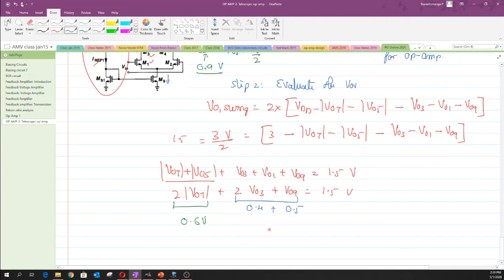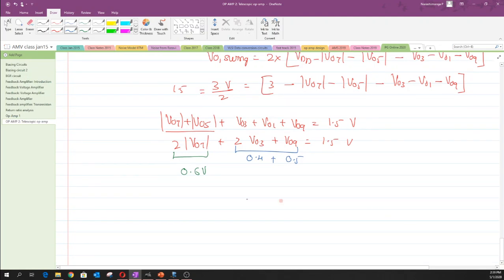Okay, so based on these discussions, let us try to write the VOV values. VOV7 is equal to 0.3, and our VOV5 will also have the same value, and VOV3 and also VOV1 will all have a value equal to 0.2 volt, whereas the VOV of 9 will have a value equal to 0.5 volt.